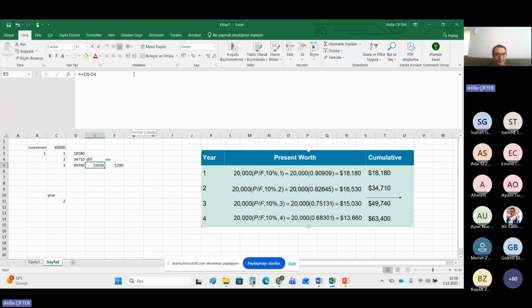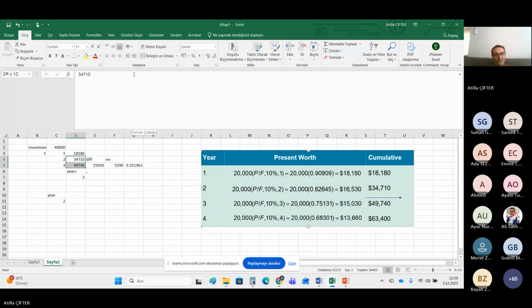Okay. So in 1 year, this is your difference. Required investment is this value, divided by 0.35. So 2 years. Hocam, which value did we divide?